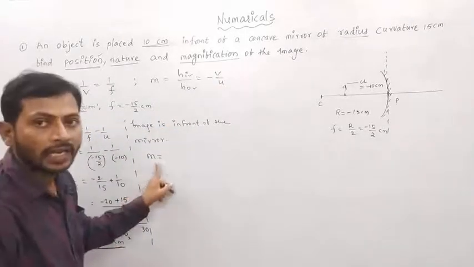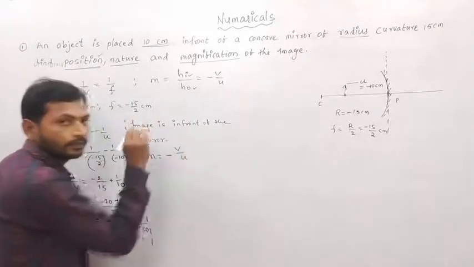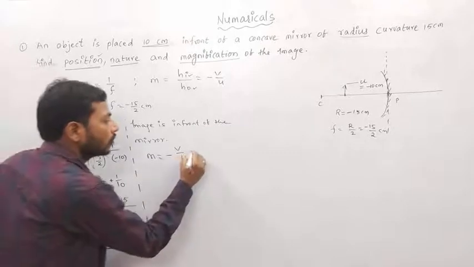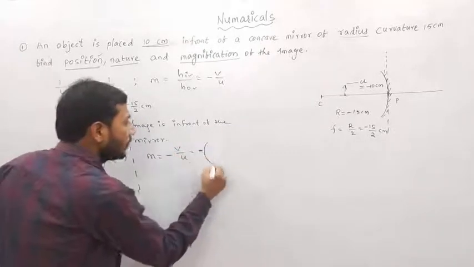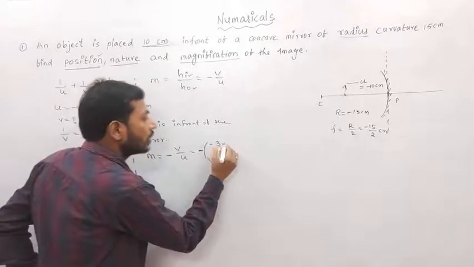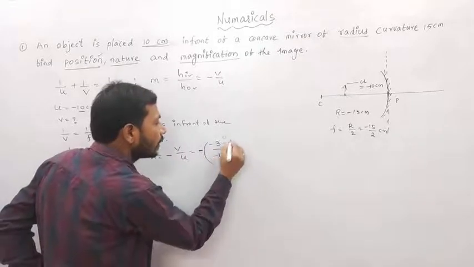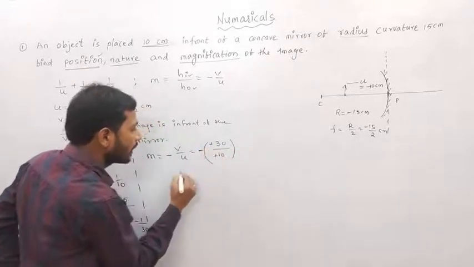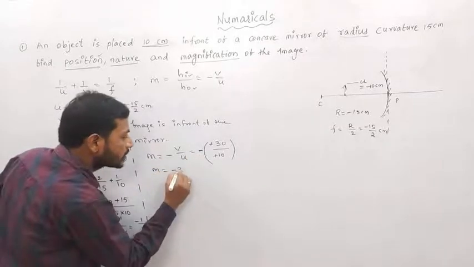Then magnification, I am using the formula minus v by u. What is the v value you got? Sir, v equals minus 30, divided by u equals minus 10. Minus minus get cancelled. You got m equals minus 3.